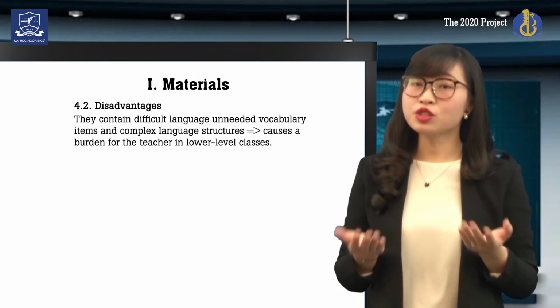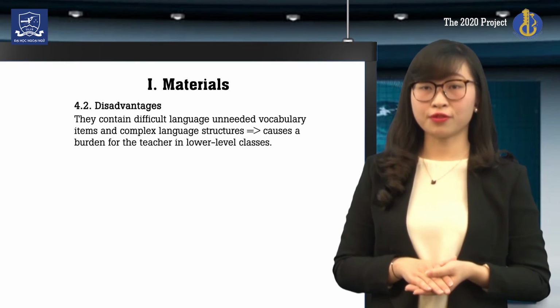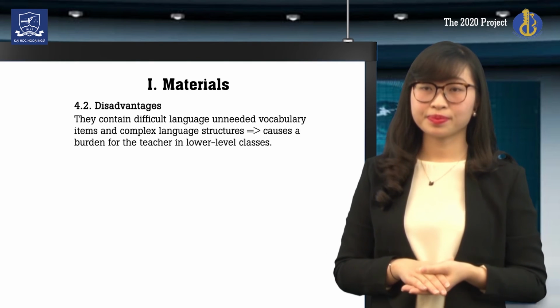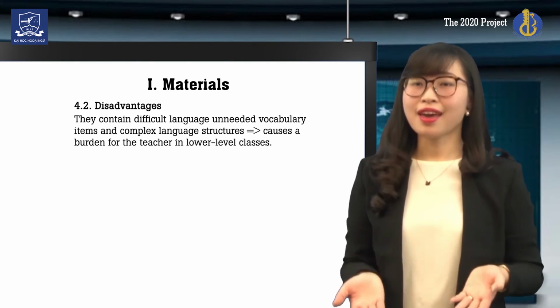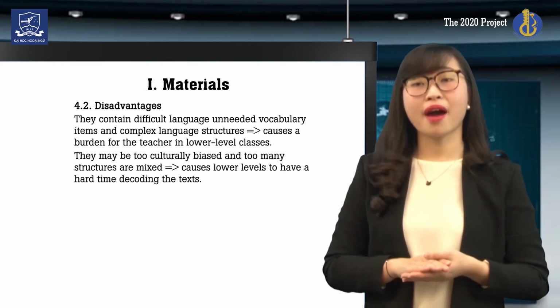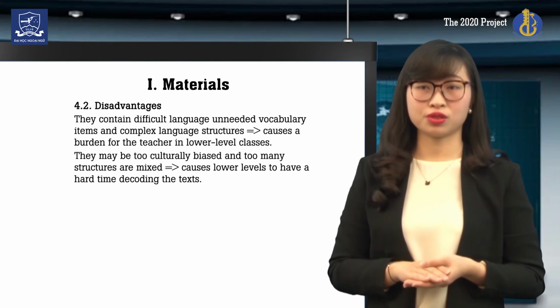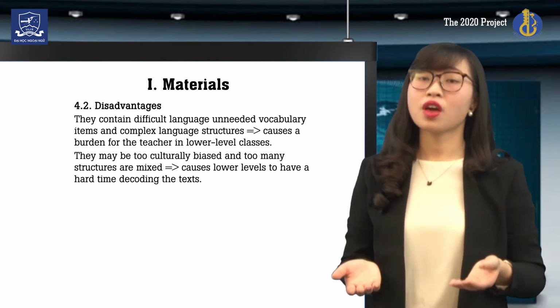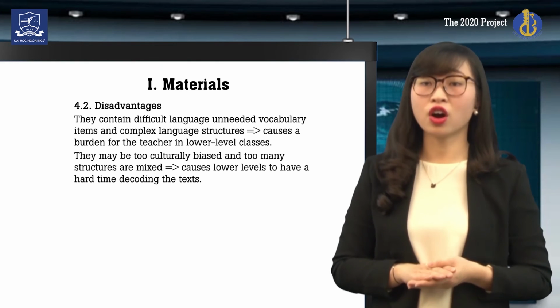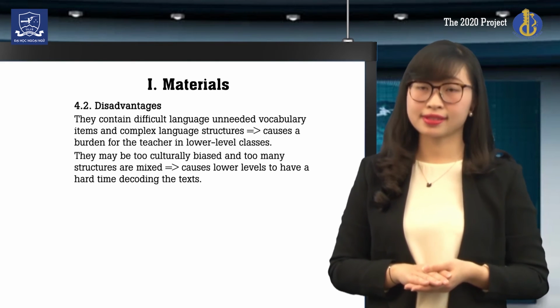Therefore, they cause a burden for the teacher in lower-level classes. Moreover, they may be too culturally biased and too many structures are mixed, so they cause lower levels to have a hard time decoding the text.